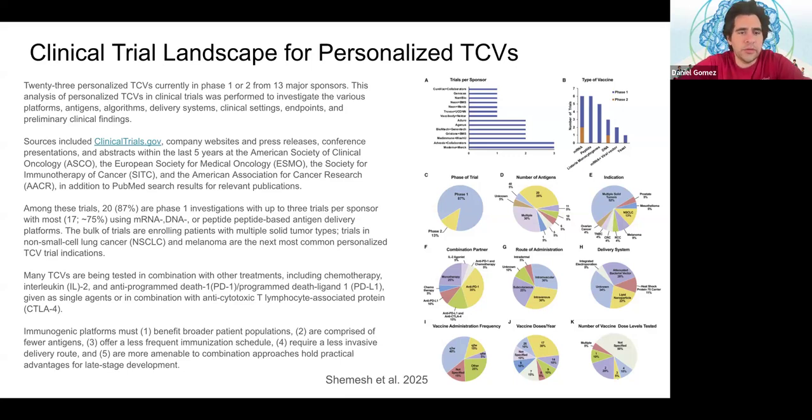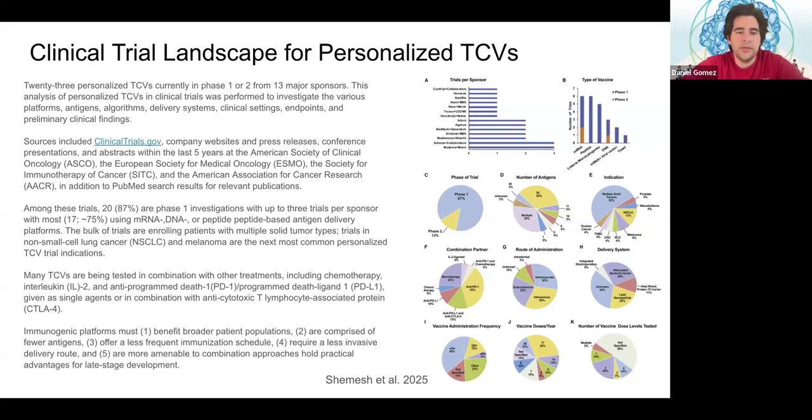Among these trials, 20 are phase one investigations with 3 trials per sponsor, with most using mRNA, DNA, or peptide-based antigen delivery platforms. The bulk of the trials are enrolling patients with multiple solid tumor types. Non-small cell lung cancer and melanoma are the next most common personalized TCV trial indications.